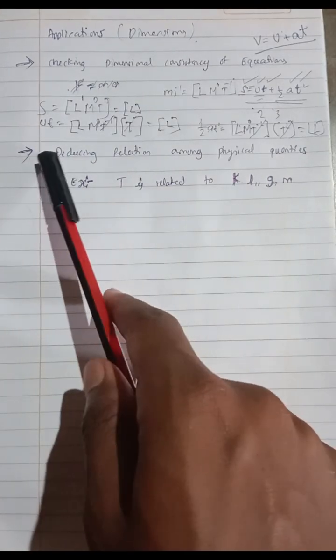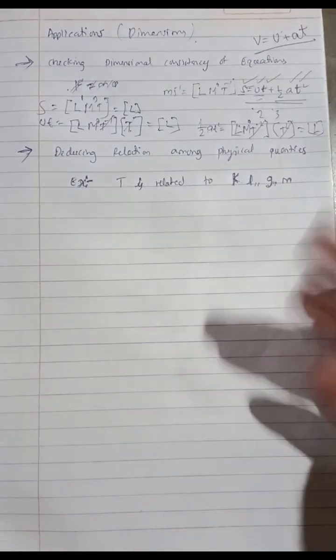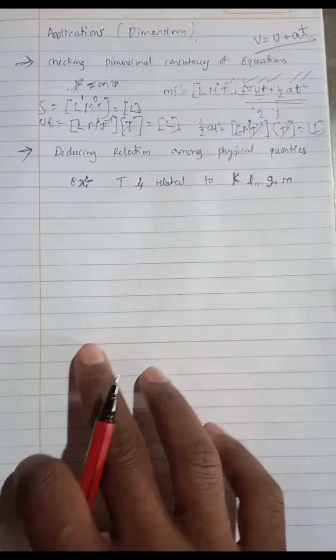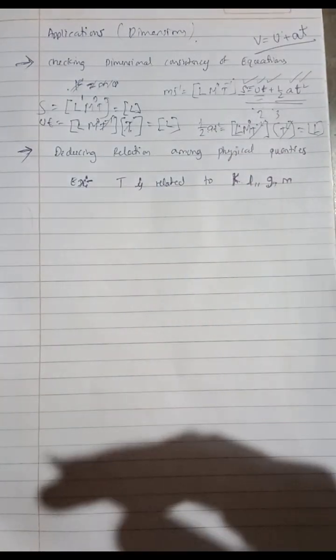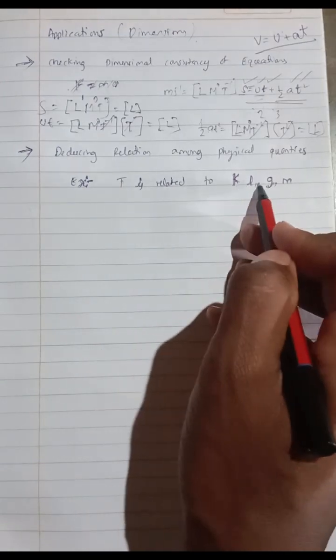Next, the second advantage, or application, is deducing relations among physical quantities. Let's take an example. Let's say time is related to k, l, m, g. What are these?